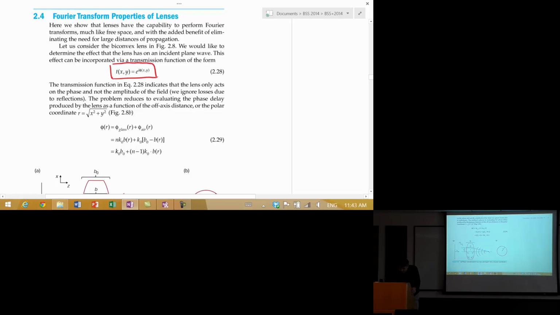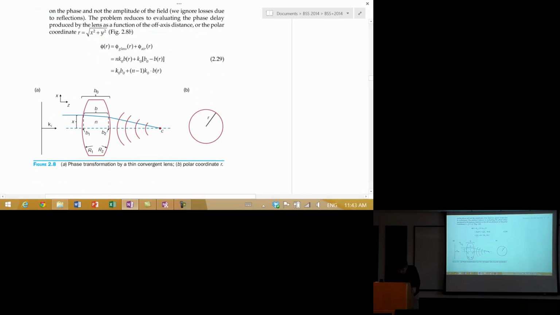If you take into account the thickness of the lens, and then you make the approximation that the angles are small, and I'm not going to go through all the details, you end up with the fact that the phase in that transmission function looks like this. So you have a DC term that is unimportant, it's a constant phase shift.